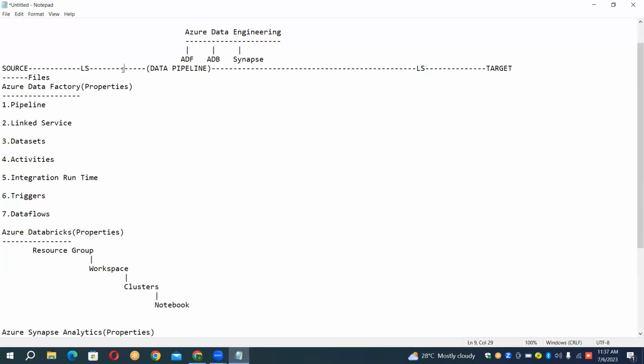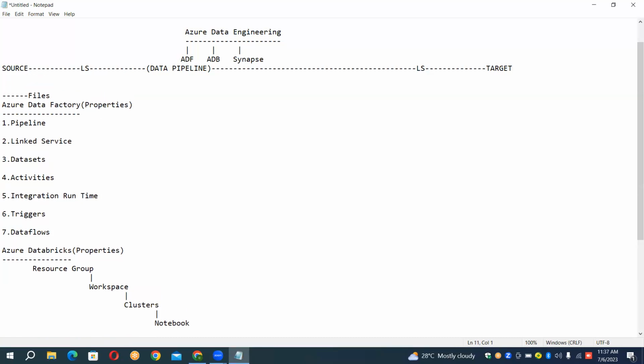In some other languages, we may call it a table. But those tables here are called data sets. So here we require one source data set and one target data set.